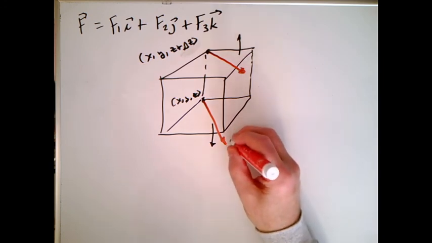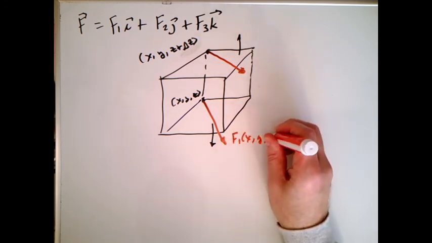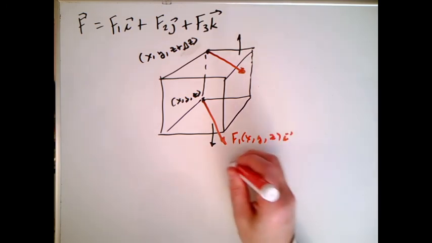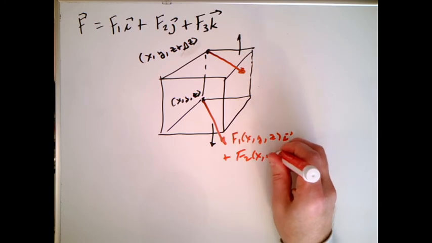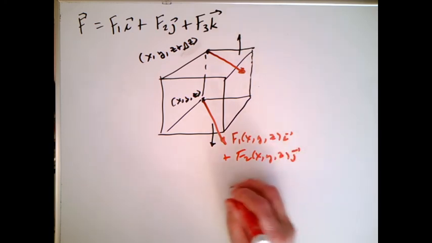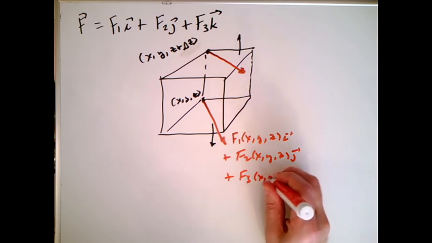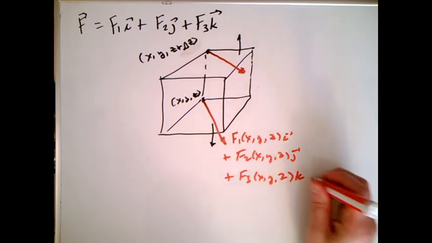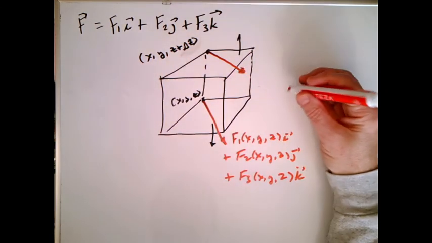So this vector is going to be f1(x, y, z) i plus f2(x, y, z) j plus f3(x, y, z) k. The vector up here is slightly different. We get that by plugging in the top point up there.